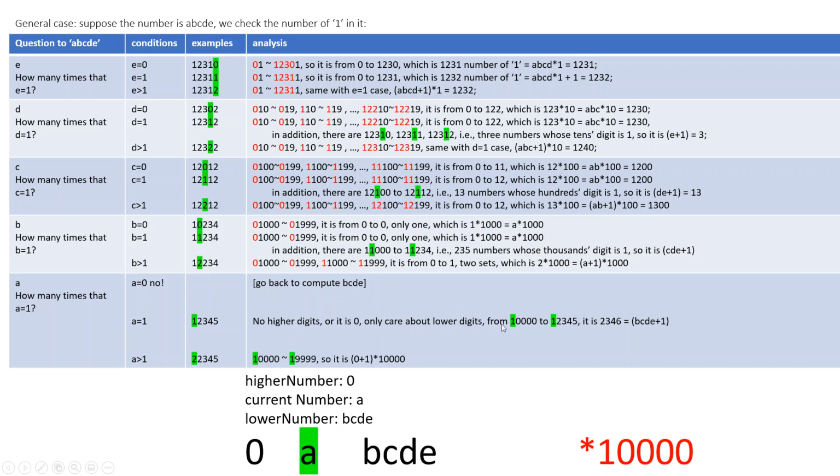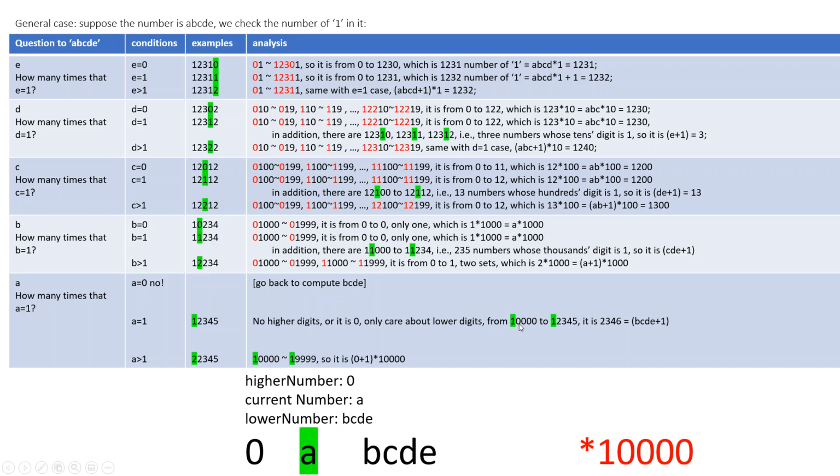The number of subsets with a size of 10,000 is 0. There is no this kind of subset. And we need to count on these lower numbers. It's BCDE, right? So this is a not complete subset.